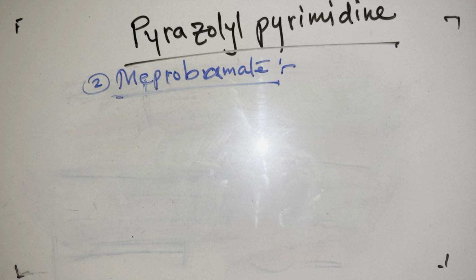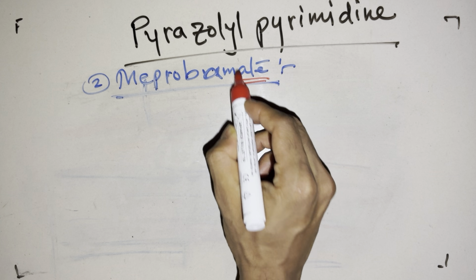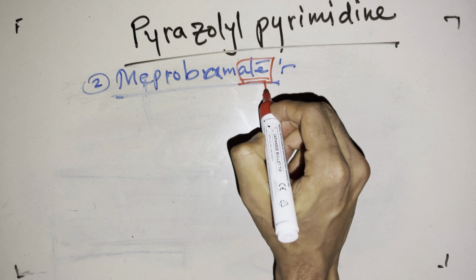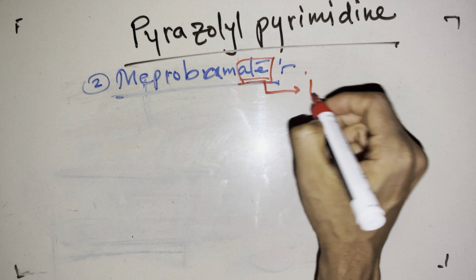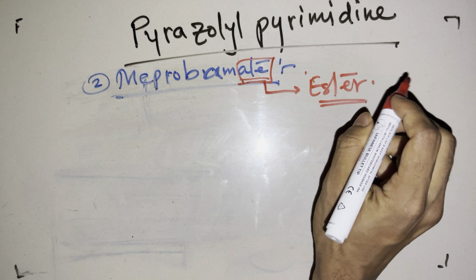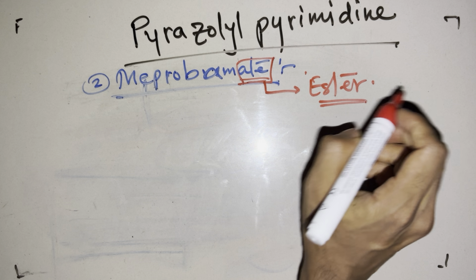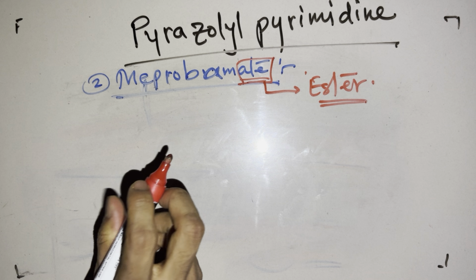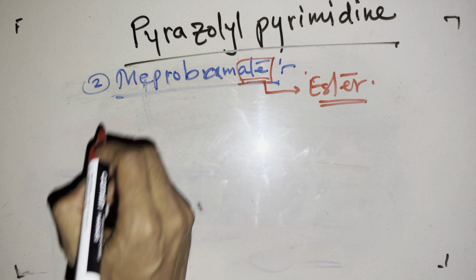You have to remember one thing, that this name indicates ate in the end. This ate indicates ester. So that means there should be some ester functional group in the chemical structure.